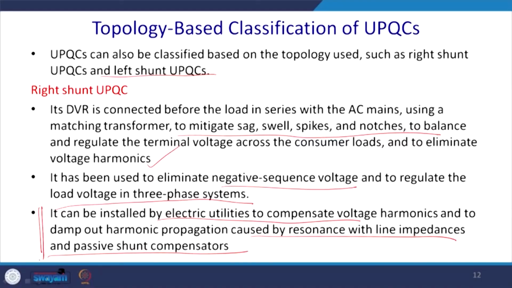It may set up a system perturbation, and thus set a natural frequency of oscillation. If by chance that natural frequency of oscillation becomes very close to the 7th harmonic or the 5th harmonic, then there will be a 5th harmonic resonance or a 7th harmonic resonance. The DVR has the capability to mitigate or damp out this resonance. Okay, this is the underlying statement of it.